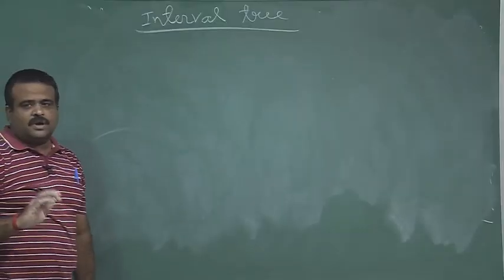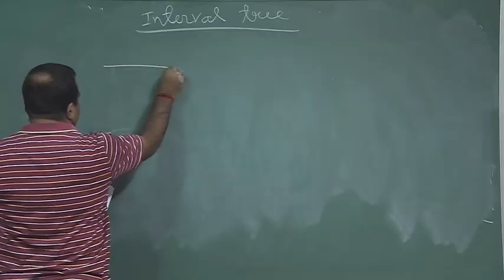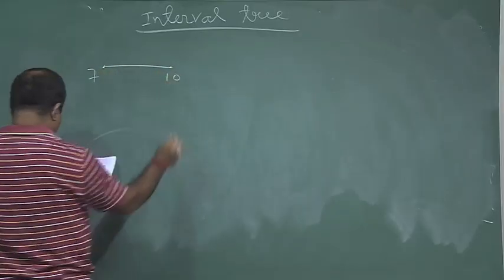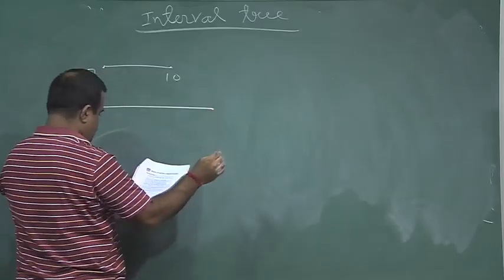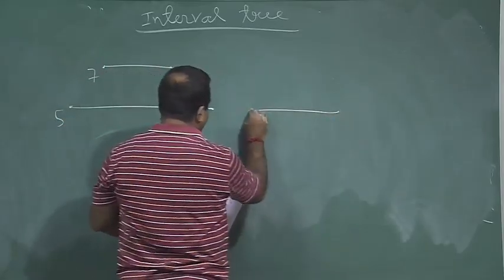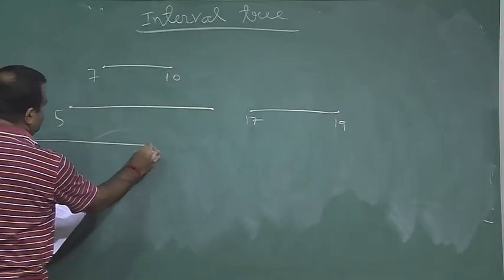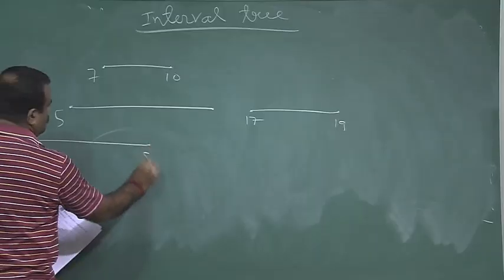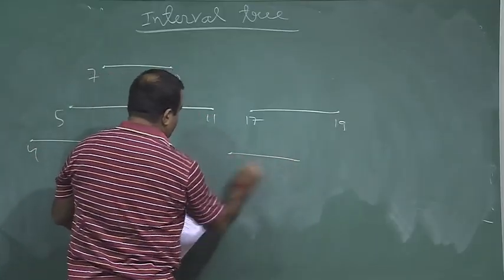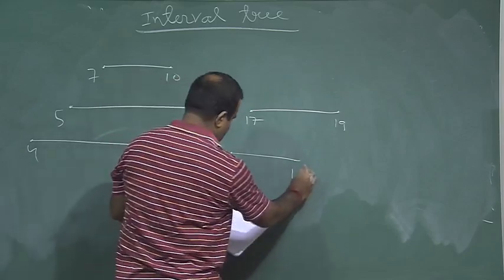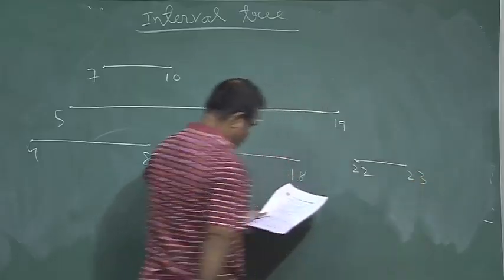So, the problem is we are given some time intervals, say 7 10, 5 11, 17 19, 4 8, 5 11, say 15 18 and say 22 23.